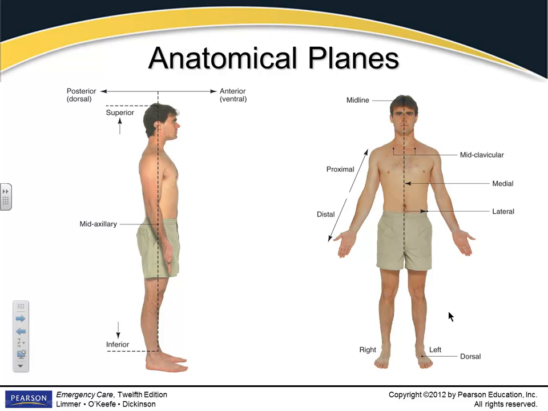Okay, planes. Anatomical planes. Show us your midline. Midline is going to be if we struck a line straight down the center from the front, just like this. This is midline. So if he has an injury out here, is it closer to the midline or is it distal?